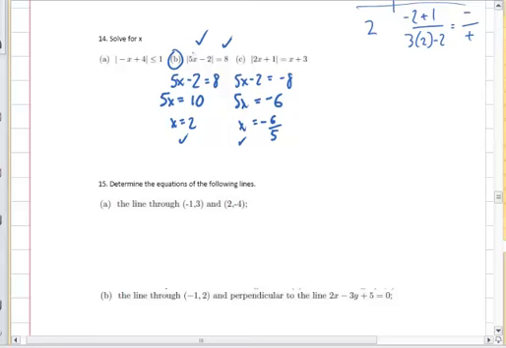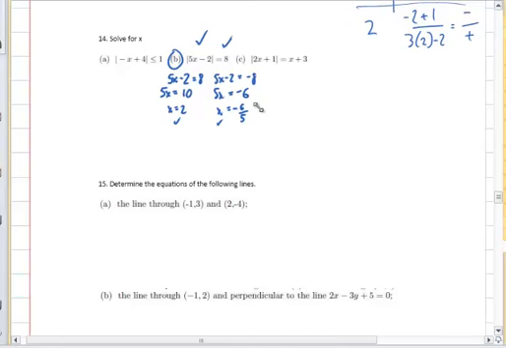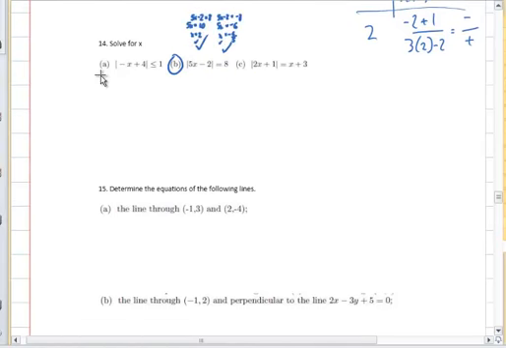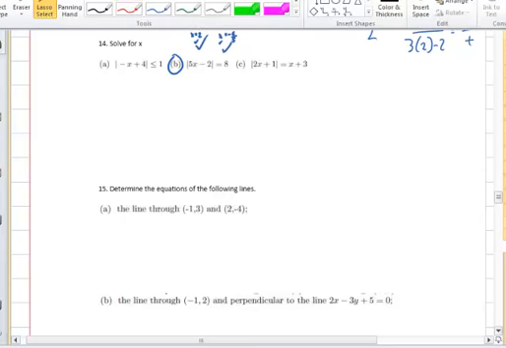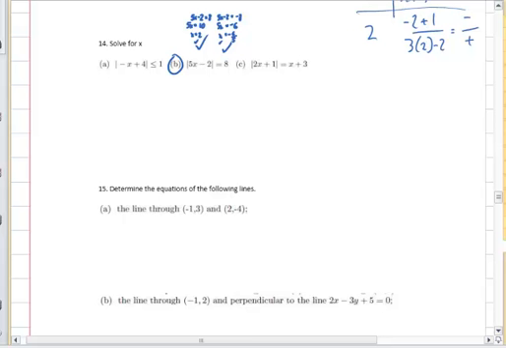So I'm going to shrink that, and I'm going to work on the inequality, which has a slightly different step, but it's not such a big deal. Let's work on this part. Here we have two inequalities we have to solve. The first one is negative x plus 4 is less than or equal to 1.